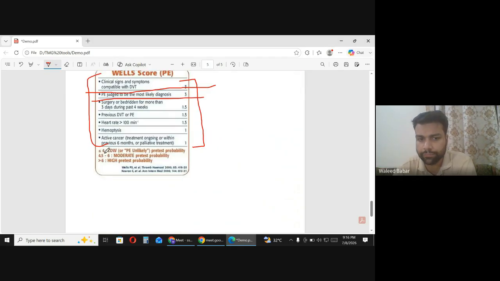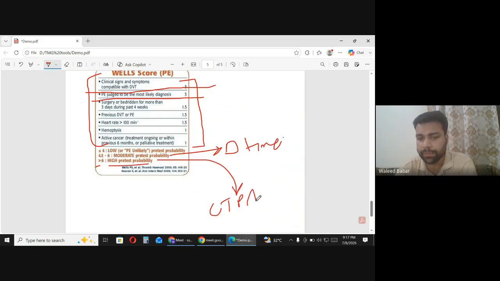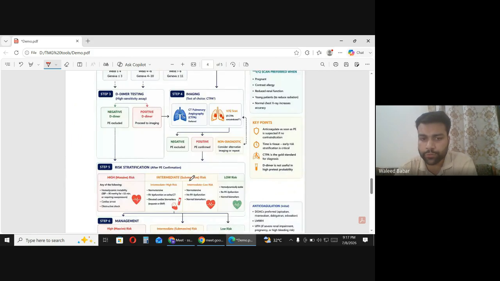If the Wells score is less than 4, the pulmonary embolism is less likely, and if it's 4.5 to 6, this is moderate. So in case of low and intermediate probability, we will perform the D-dimer test first. And if the score is greater than 4 and there is high pre-test probability, then we will perform CT pulmonary angiogram.